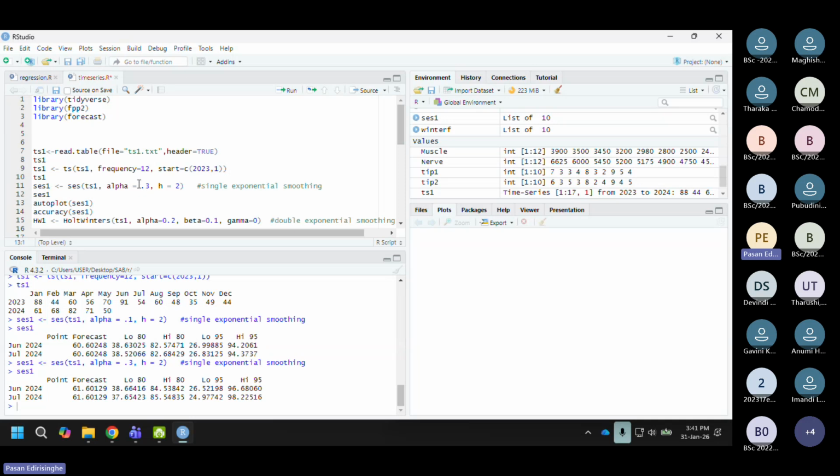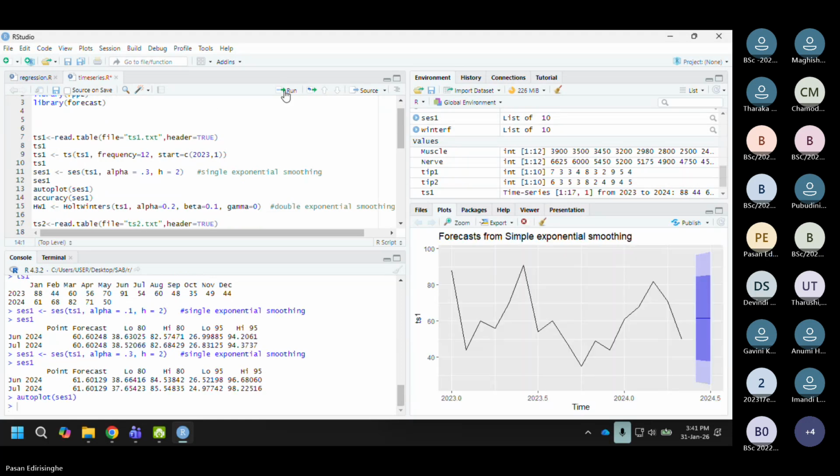And then of course we can use the autoplot command. That's indicating the plot of the data, right? So I can see the plot here. It's giving me the plot of my time series and then the prediction for the future.